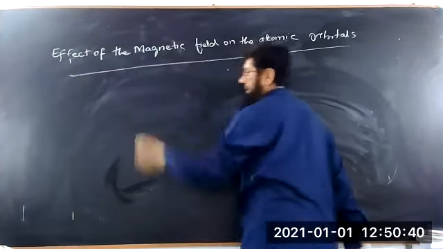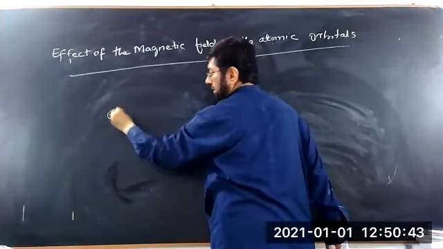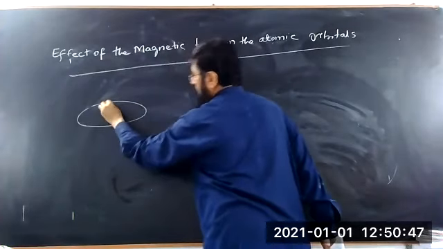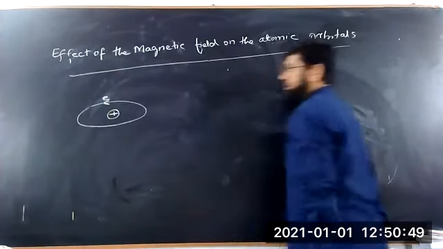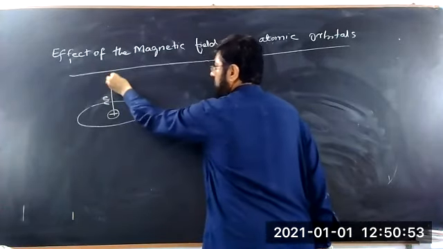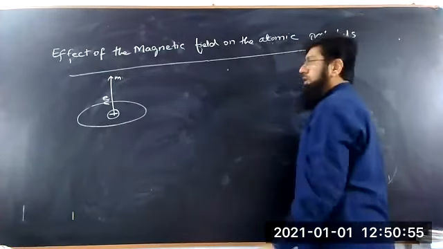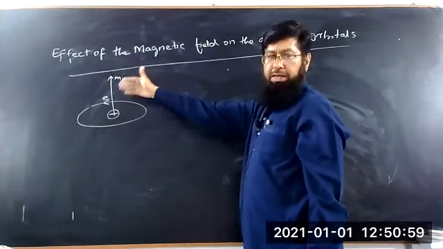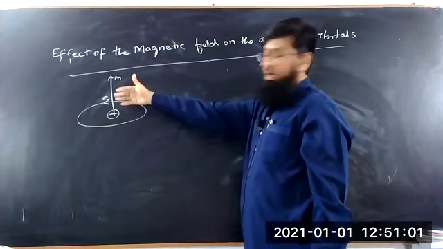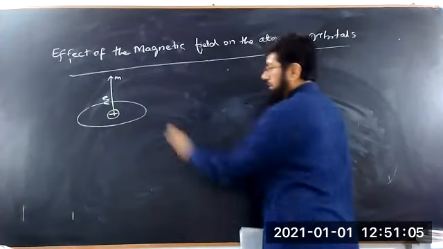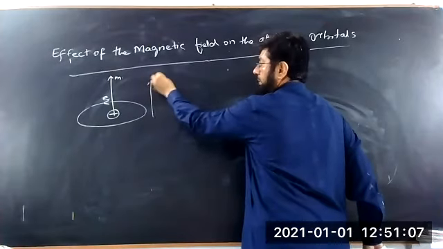Simply, let's say this is the orbit, and this is the electron revolving in this orbit. Its dipole moment is in this direction. So M is the dipole moment of the electron when the electron is revolving or orbiting around the nucleus and placed in the external magnetic field B.